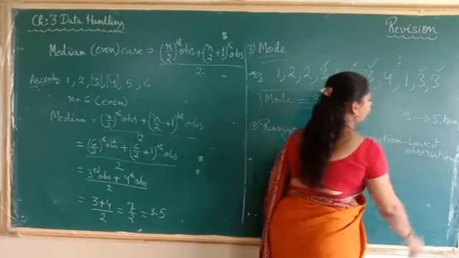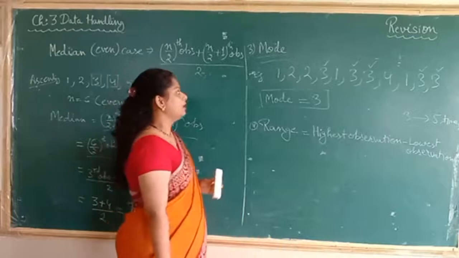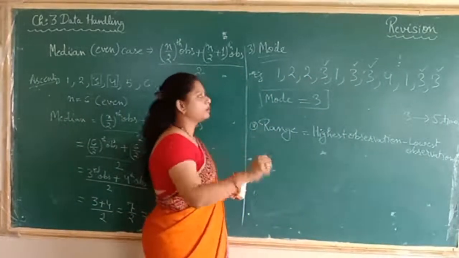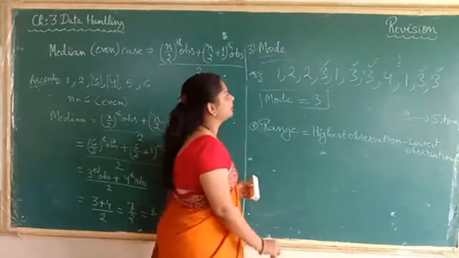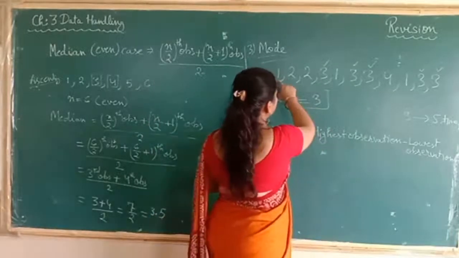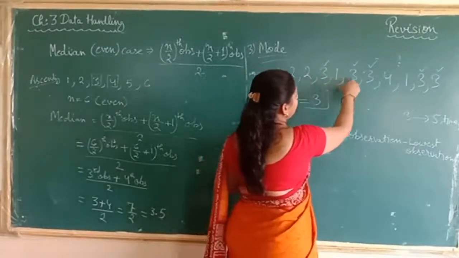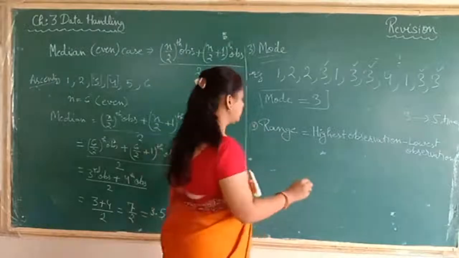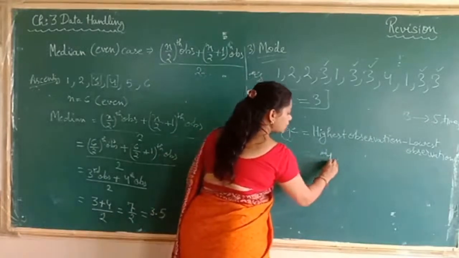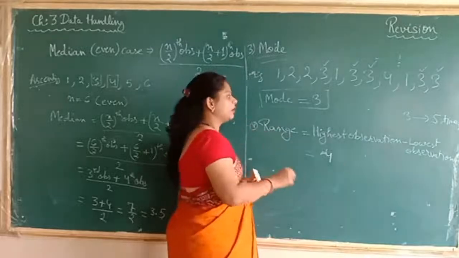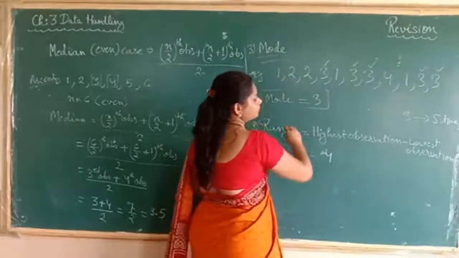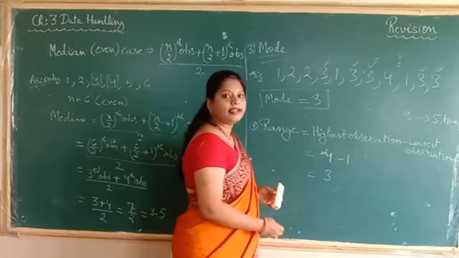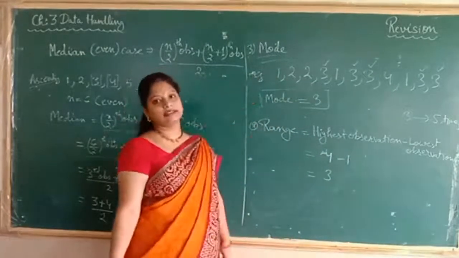Suppose in the same series, which is the highest observation? सबसे बड़ा observation कौन सा है? Here we see 1, 2, 2, 3, 1, 3, 3, 4, 1, 3, 3. 4 is the highest, so the highest observation is 4. और सबसे छोटा नंबर lowest observation कौन सा है? 1. 4 minus 1, 3 will be the range of this series.